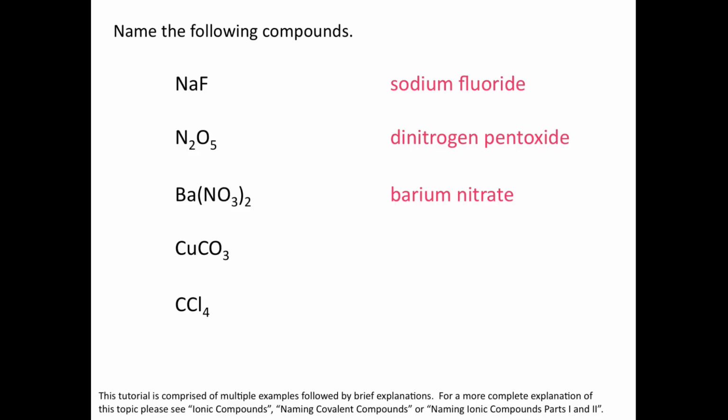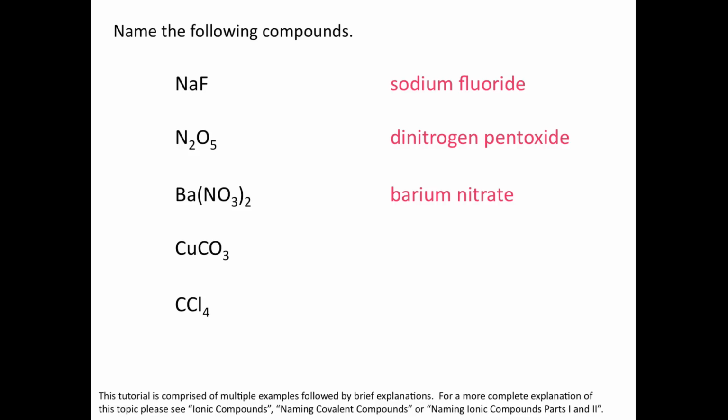So looking at my fourth example, CuCO3, I have copper. Because I have a metal, I also must know that this is an ionic compound. And because I have more than two elements, I know this isn't just a simple binary ionic compound. I know I must have a polyatomic ion in my formula.